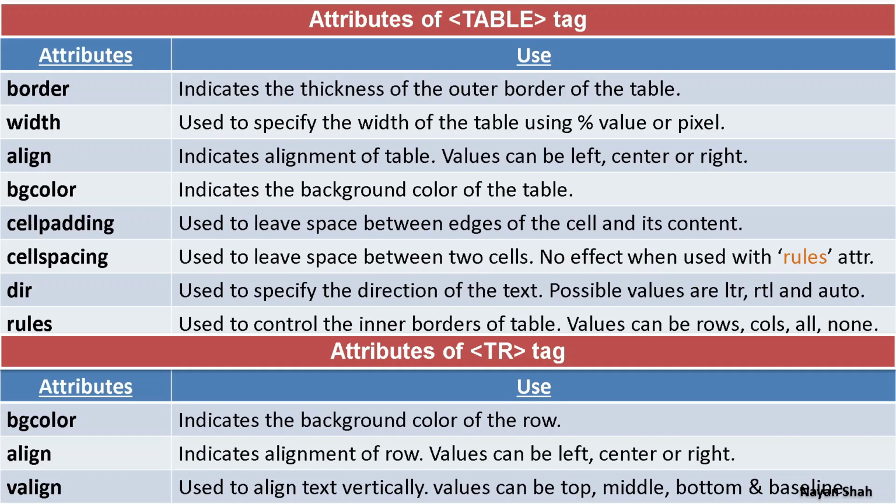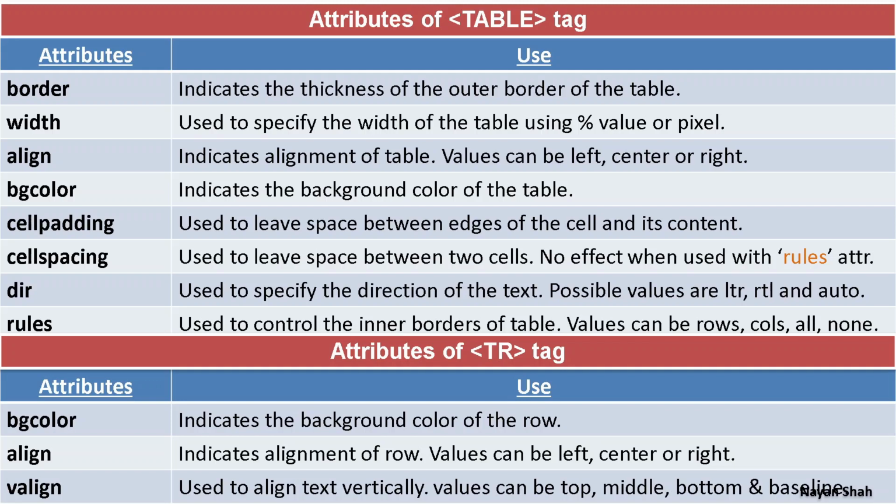Cell padding and cell spacing. You need to understand the difference between these two properly. Cell padding is the space between the edges of the cell and its content. Whatever we want to display in the cell, that content and the surrounding border of the cell, the distance between them is called cell padding.